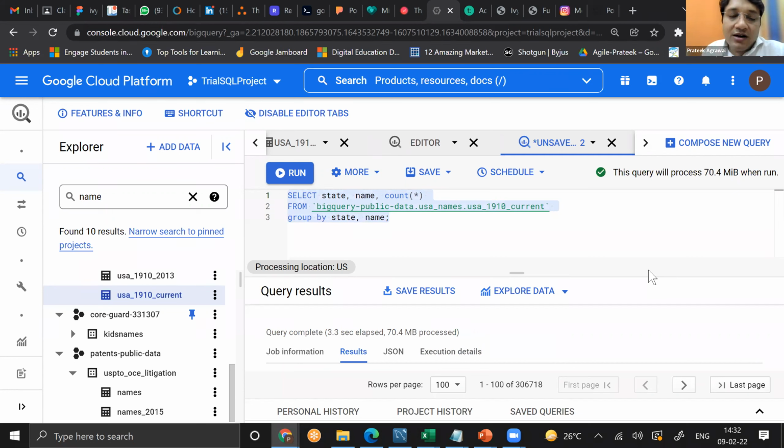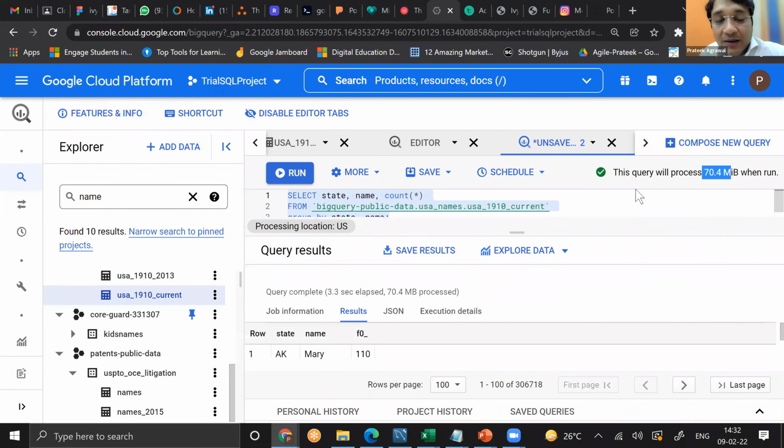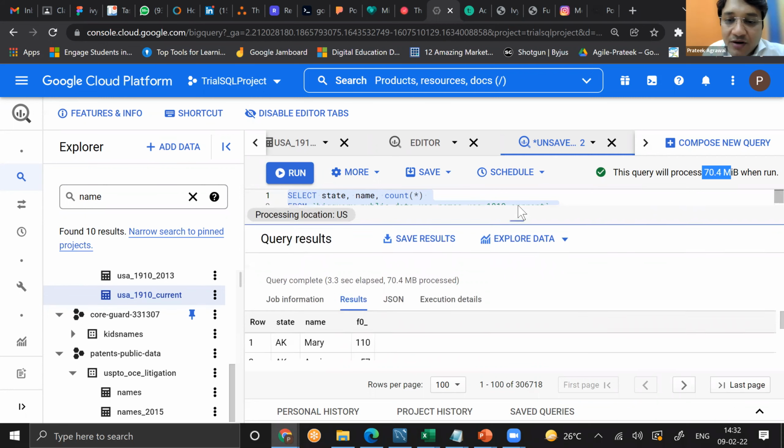I can tell you with full certainty that if we had such large data on our local machine, it would have taken us an hour to run. So speed becomes a very important thing, right? In fact, 5.3 seconds is also a very large time for this query. That's how companies try to optimize their queries further and further.